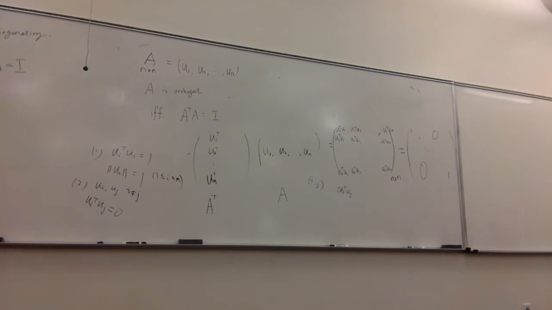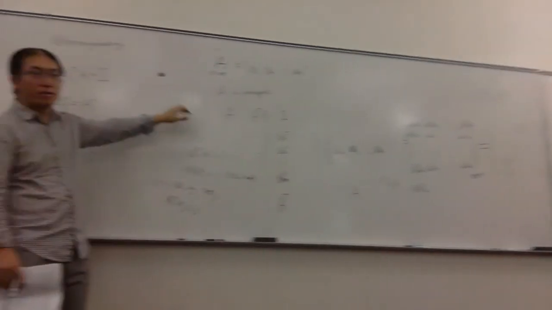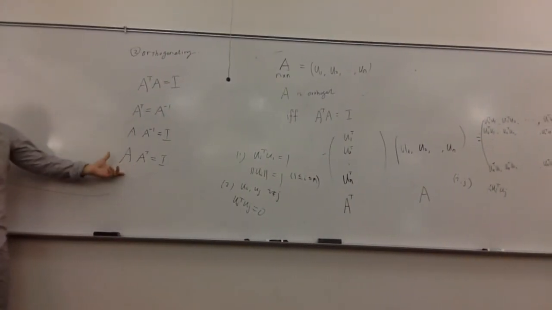Then according to the definition of the matrix inverse, it means that A transpose is the inverse of A. And because A times A's inverse is the identity matrix, it means that A times A transpose is the identity matrix as well. So this is an amazing property of the orthogonal matrix: its inverse is simply its transpose.